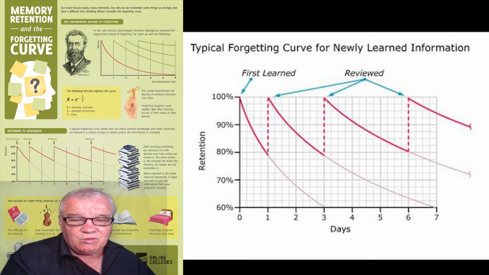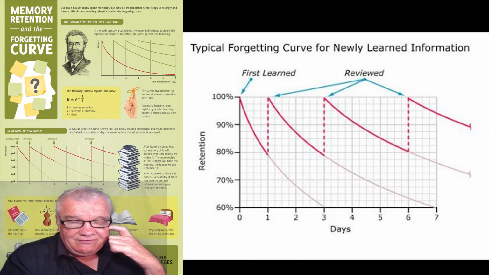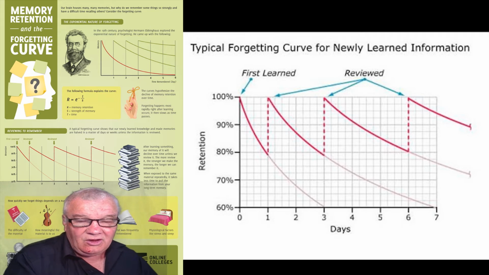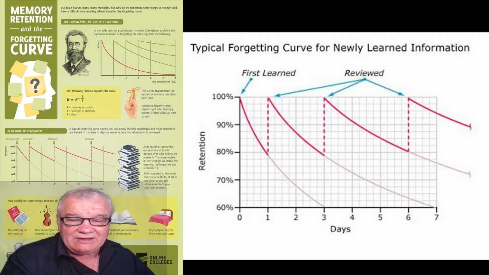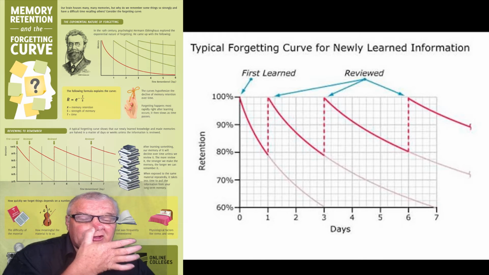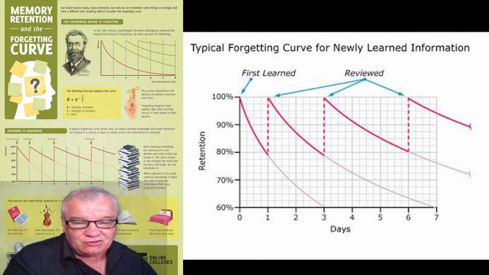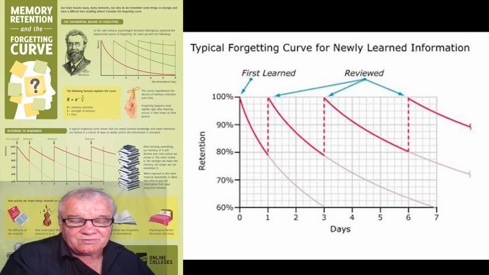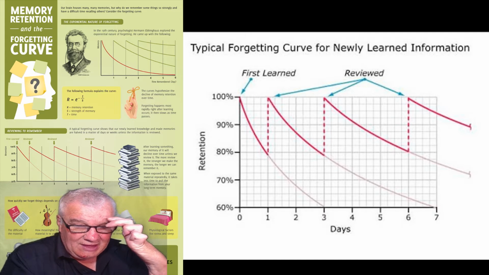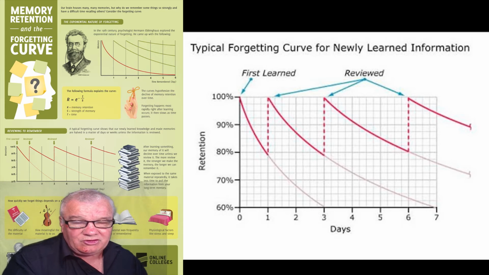What he found was that after one day, on average, people would have forgotten 20% of their material. After 2 days, that would be another maybe 30%, and after 3 days 40% of the material would be forgotten.